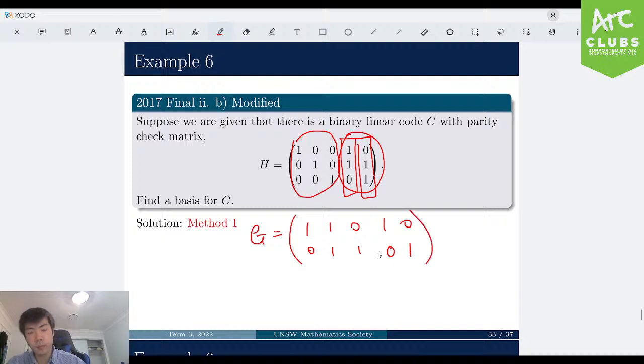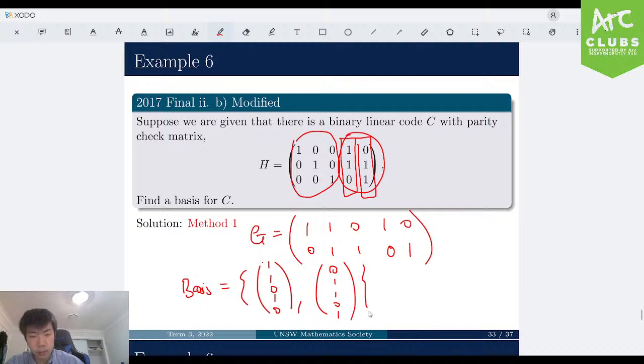And recall the property about the generator matrix being that the rows are the basis. So the basis would simply be the set of vectors 1, 1, 0, 1, 0 and 0, 1, 1, 0, 1. And that's it.